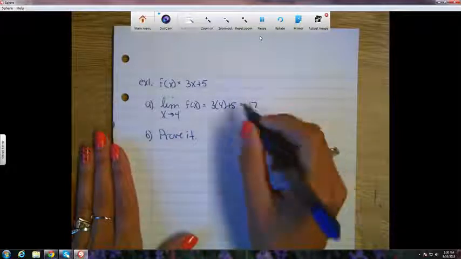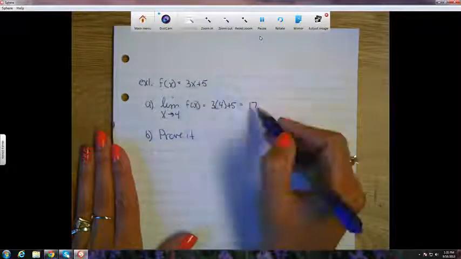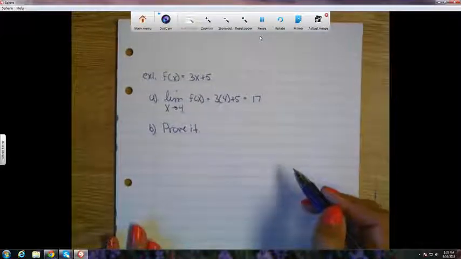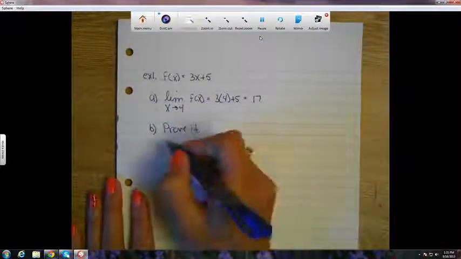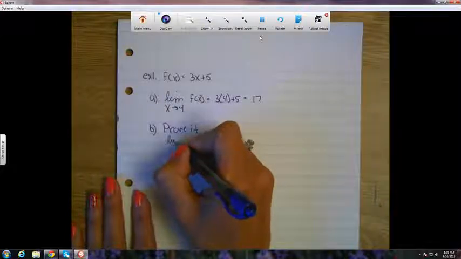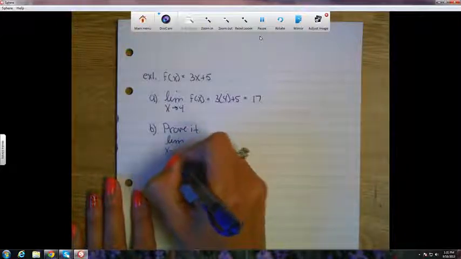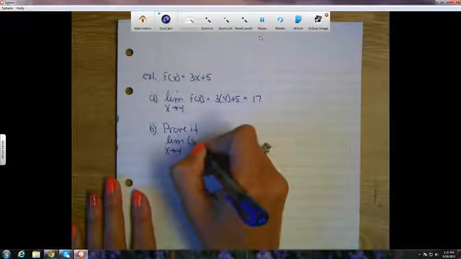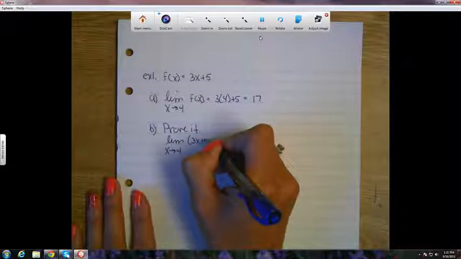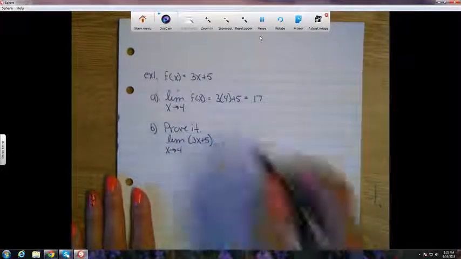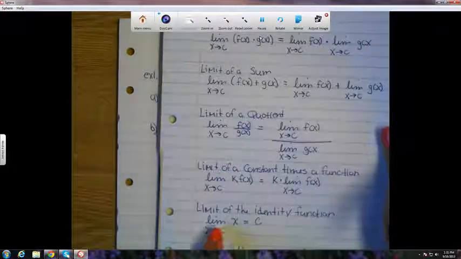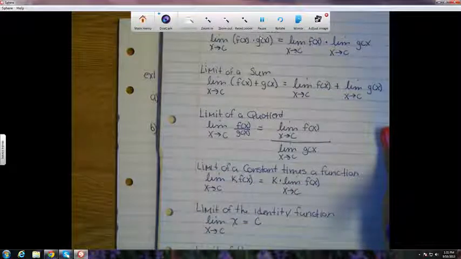Prove that the limit as x approaches 4 of this function is 17. And all this is just step by step. So you start out with the limit, the question, the limit as x approaches 4 of the function 3x plus 5. And our goal is to keep using these properties, breaking it apart until we can get down to the limit of just an x and the limit of a constant.